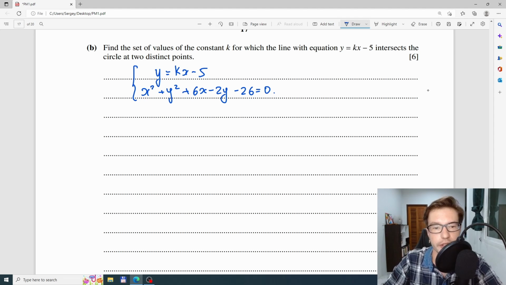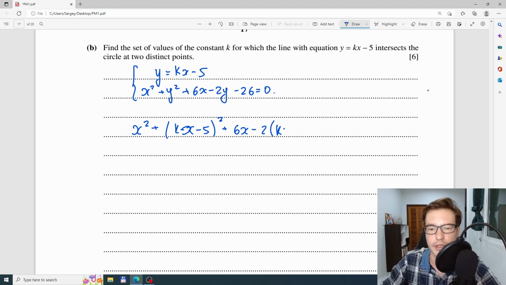Okay, to start with, let's substitute y equals kx minus 5 into the equation of the circle, and we'll get x squared plus (kx minus 5) squared plus 6x minus 2, put y in brackets, (kx minus 5), minus 26 equals 0.